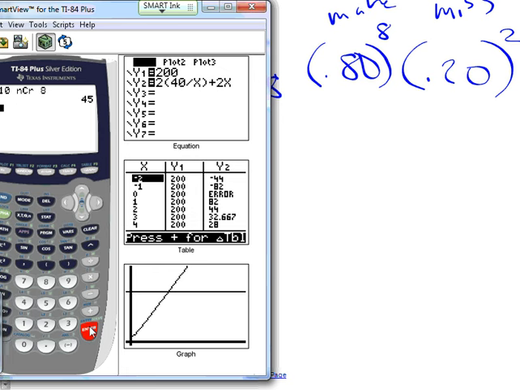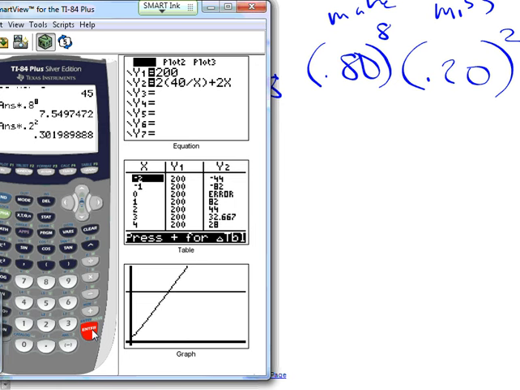I'm going to take this times 0.8 to the 8th, and then take that and times it by 0.2 to the 2nd. And there we have it. It's only about a 30% chance.